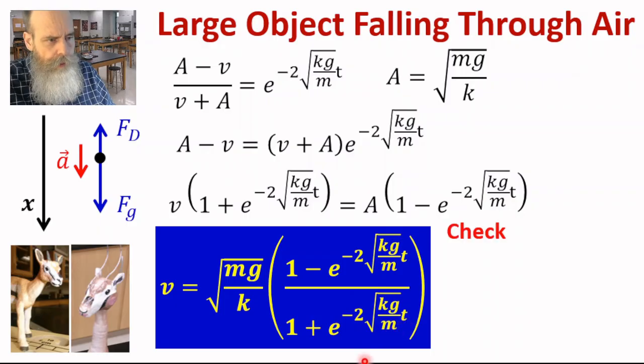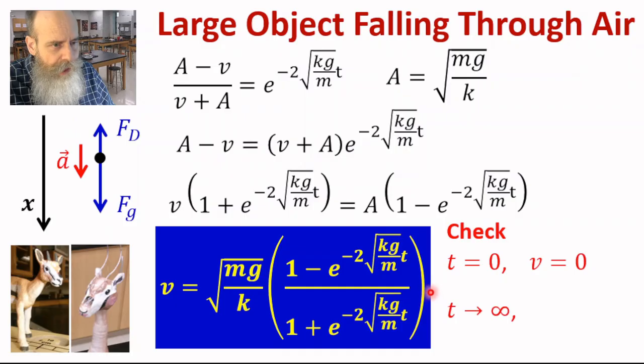Let's check this solution. When t equals 0, these exponential functions become e to the 0, which is just 1. So this is a 1 and this is 1. So we get 1 minus 1 over 1 plus 1, which is just 0. So when t equals 0, v equals 0, as expected.